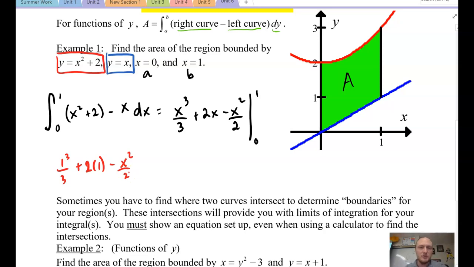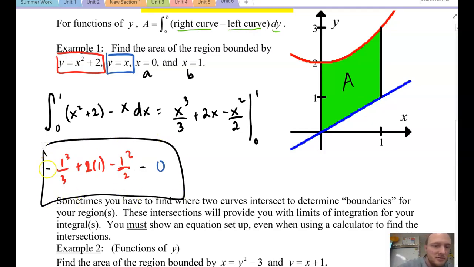Then we're going to subtract f of 0. So now I'm going to subtract the function evaluated at 0. When I plug in 0 into all these values, we just get 0. Oh, why did I write x right there? That should be a 1, 1 squared. So that's just going to go to 0. And there's your answer.